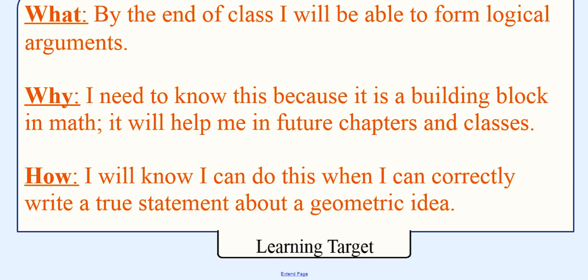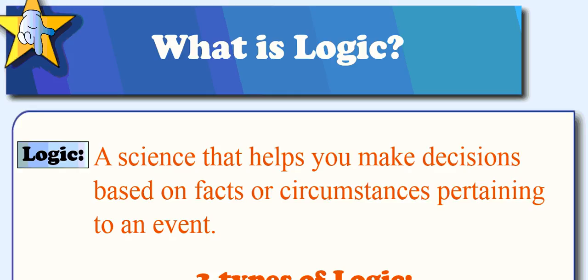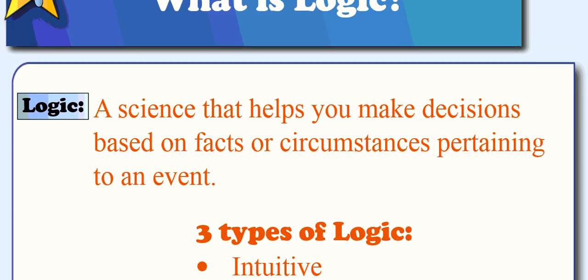So first, let's talk about logic. Logic is decision making. Science that helps you make decisions based on facts or circumstances pertaining to an event. So there's three ways that you can make decisions.